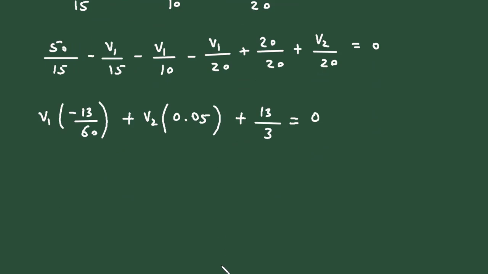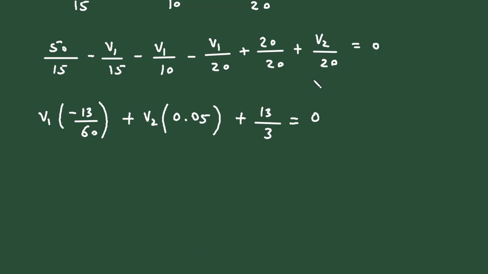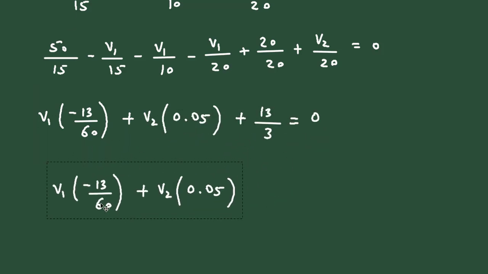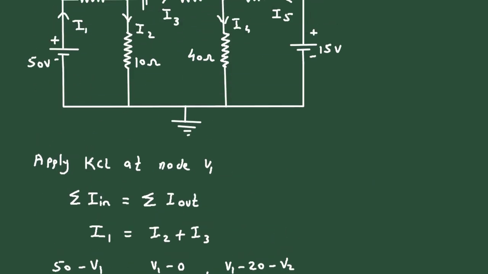Now we will take this on the right side, so let's directly copy this here, and it is equal to minus 13 divided by 3. Let's take this as equation number 1.